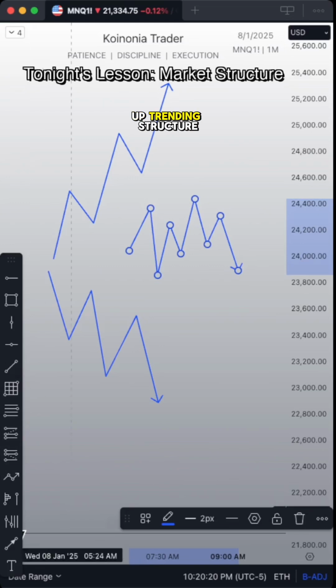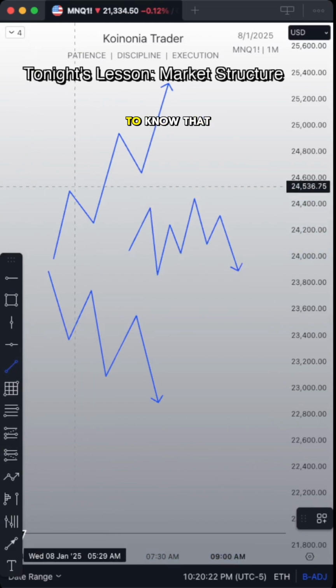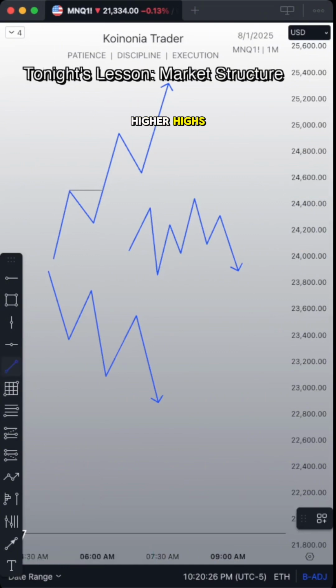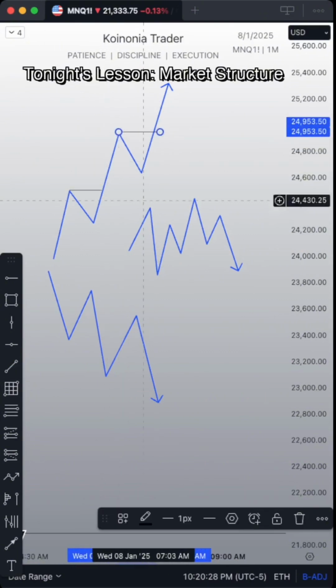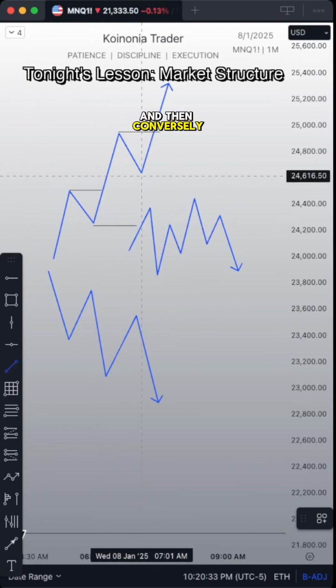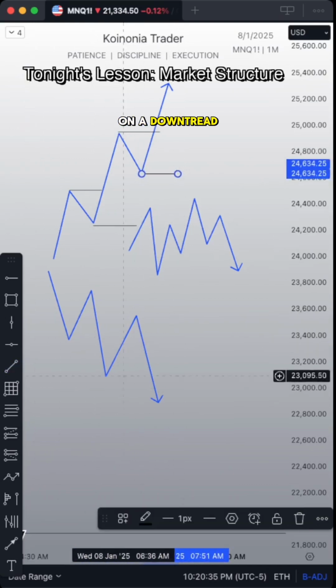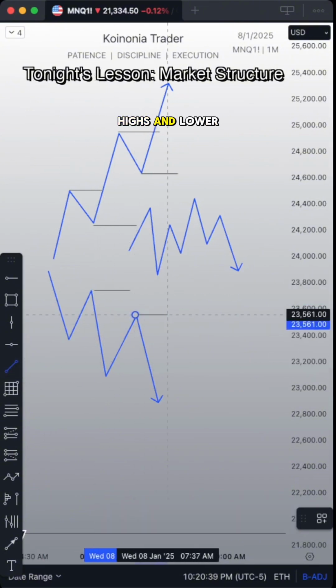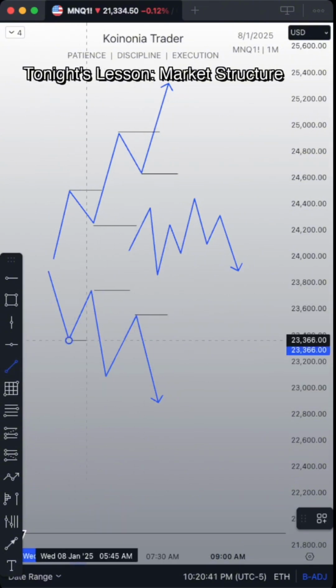On an uptrending structure, you'll know that it's uptrending, obviously, because it's going up, but it is classified by higher highs and higher lows. And then conversely, on a downtrend structure, you'll have lower highs and lower lows.